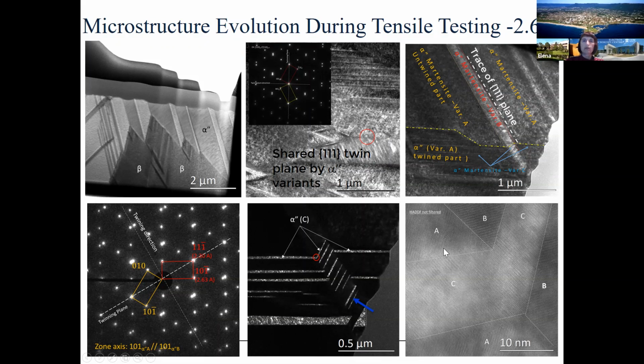Each variant, we have variant A martensite, then variant B, variant C forming. They are all in the same orientation relationship and sharing the 111 twin plane, and secondary 111 twins form within each one of the primary planes.